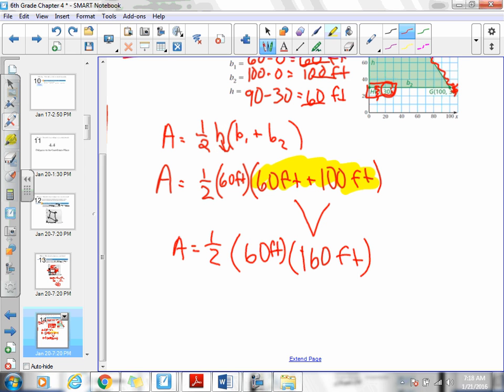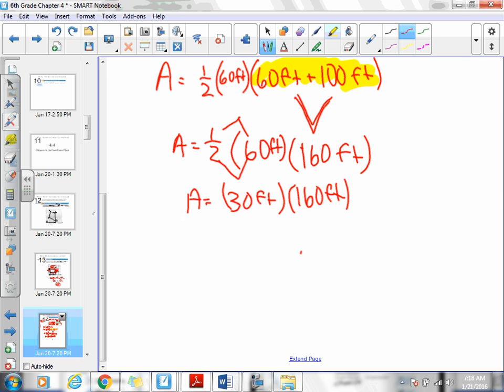I'm just going to recopy the rest of this problem. But now it's simpler because we've already added together the two bases. So now it's multiplying. We can go in any order we want. I'm just going to go in order right here and take 1/2 times 60. What is 1/2 of 60 feet? 30 feet. All right, so then we take 30 feet.